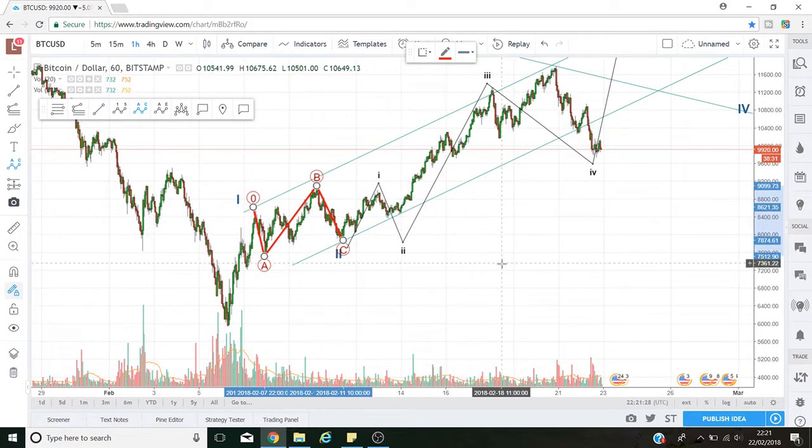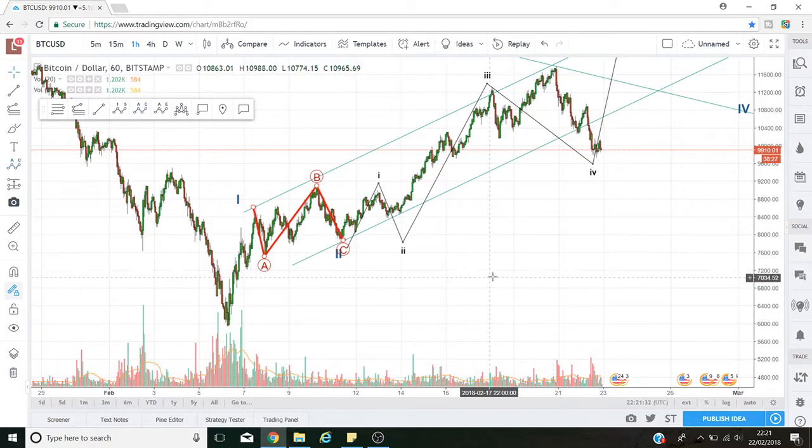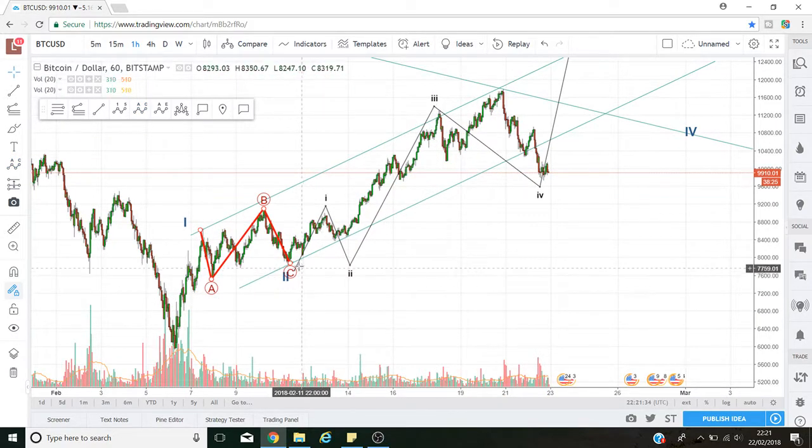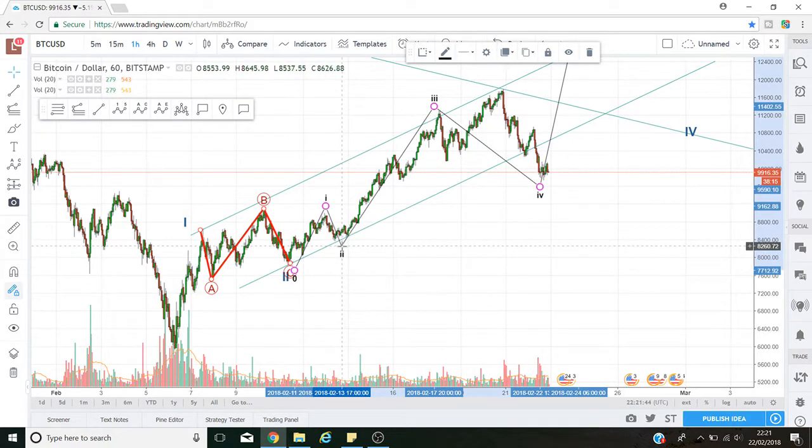Right, now, moving on to wave 3. So I made this to be wave 1 of wave 3, this to be wave 2. Not sure why it's drawn down here, we can bring it here. And this is wave 3. The reason I believe this is wave 3, let me demonstrate.